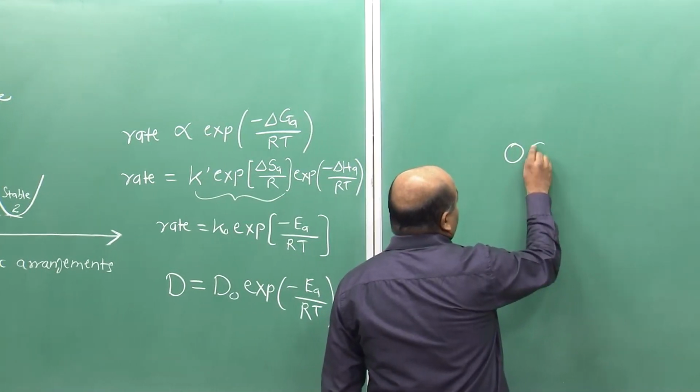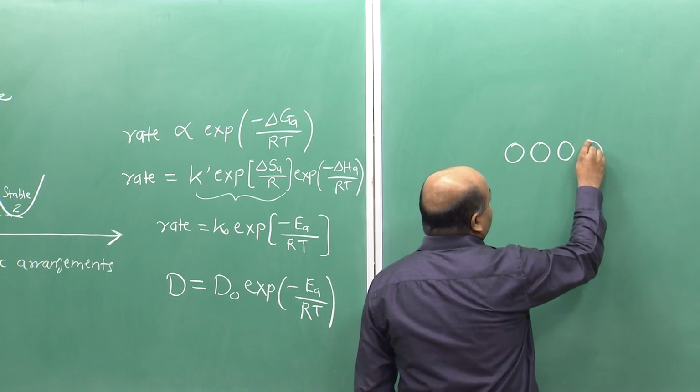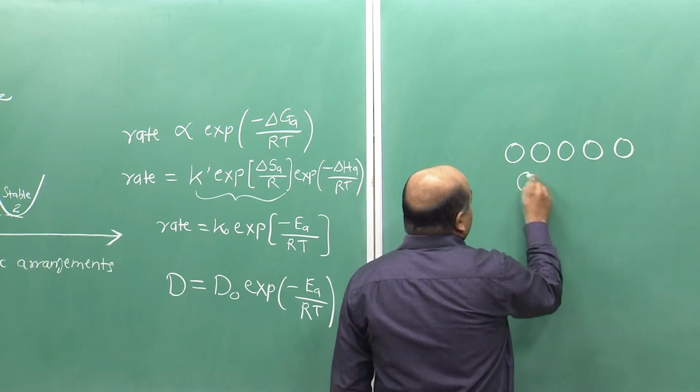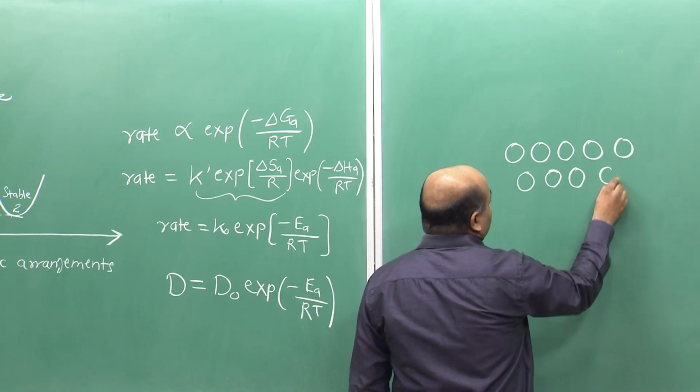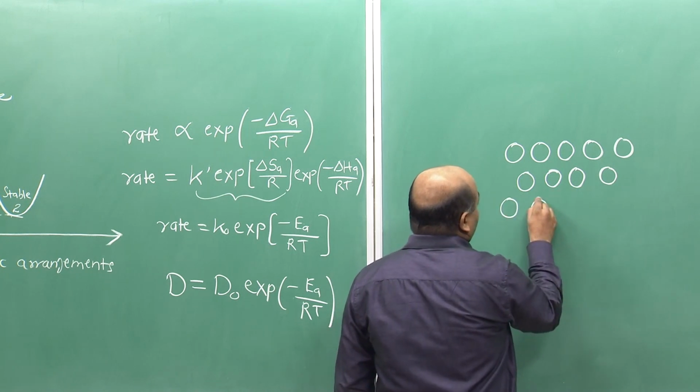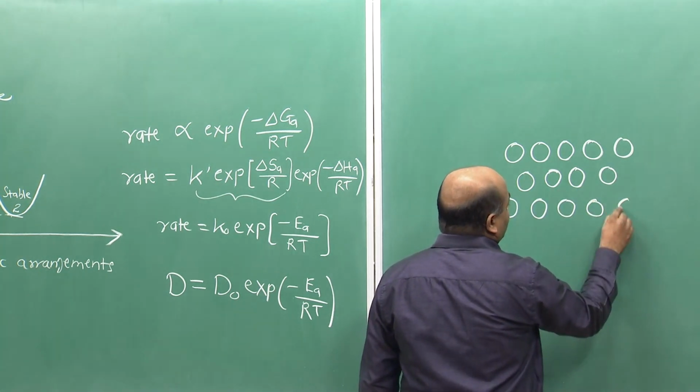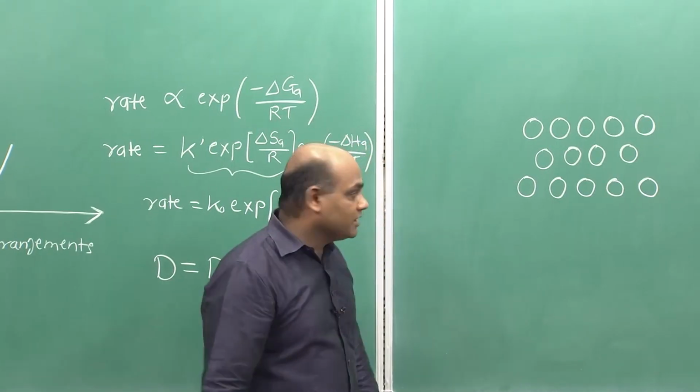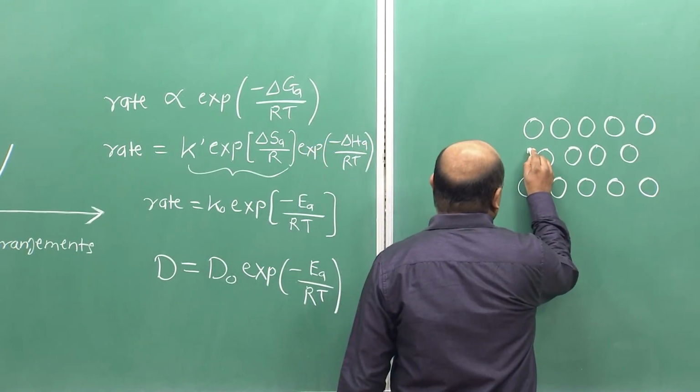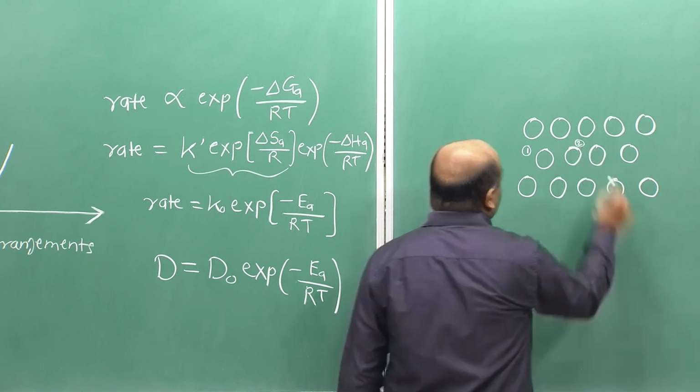So, let us consider a simple two dimensional arrangement of atoms. Let us consider these two sites, call it site 1 and site 2.